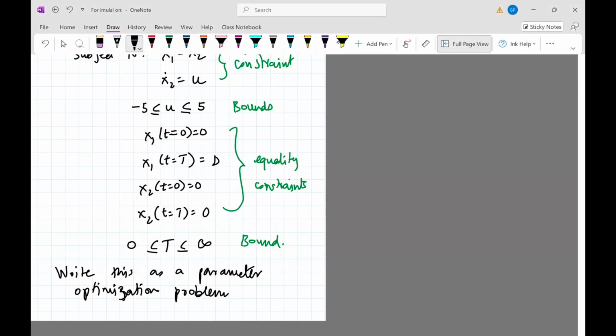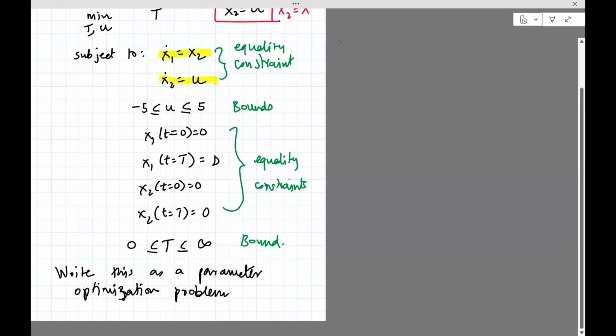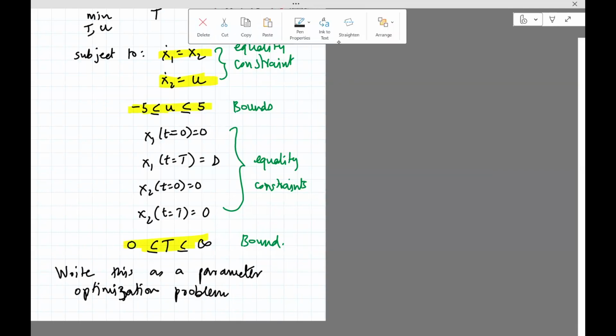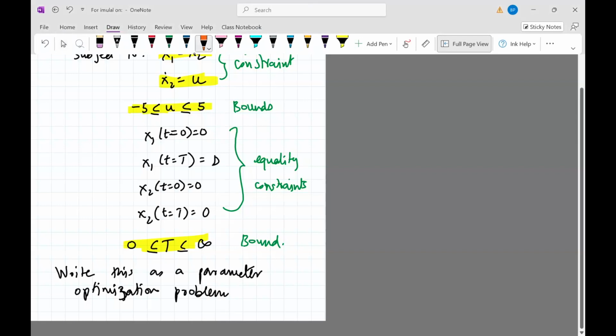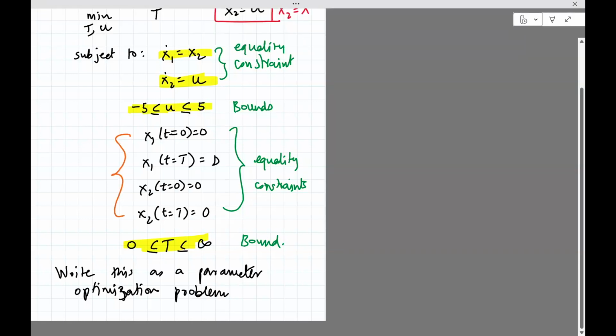Especially because of these conditions. The good thing about the four conditions here is that they're already discrete, in the sense you only care about x1 at one time instant and x2 at another time instant, and so on. But the ones which are highlighted in yellow, those are continuous, and we need to discretize them. Okay, I'm going to show you two methods to do this. For the homework problem which you'll be doing, you can choose whichever you want, and they have their own pros and cons.